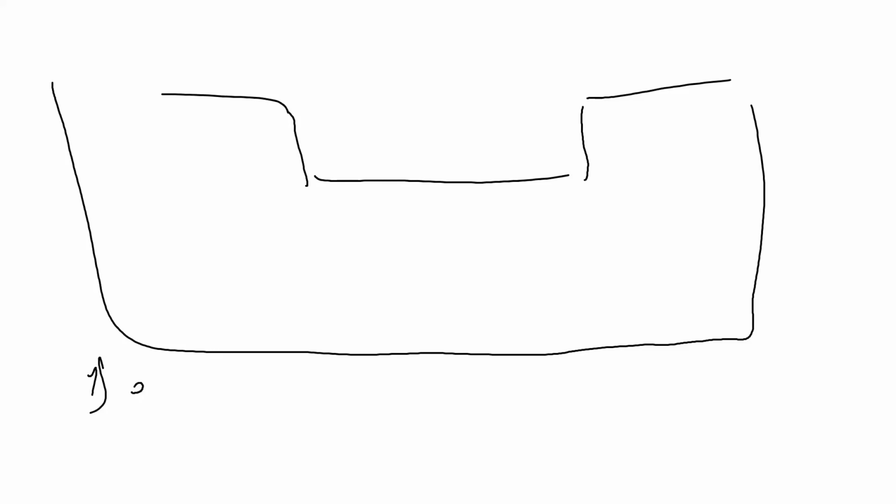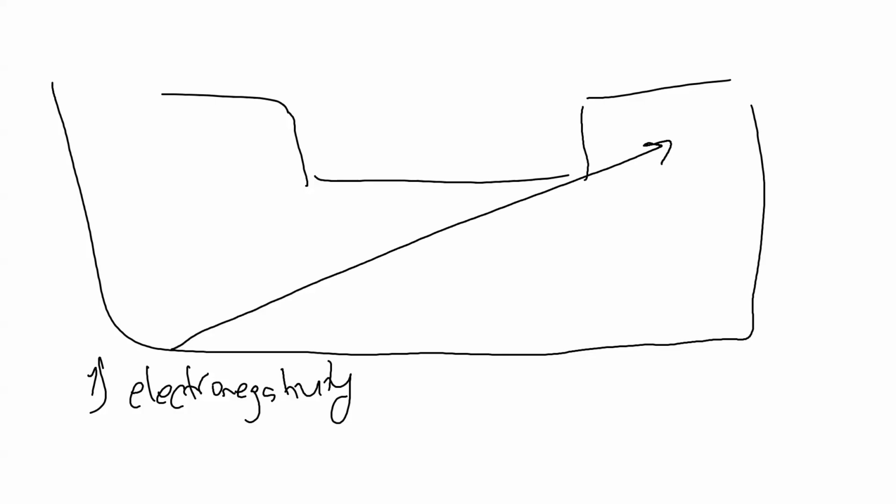So when we hide the groups of the periodic table, we're going to have here the characters. Number one, let's speak about the electronegativity. We're going to draw the electronegativity either in this way or in this way.